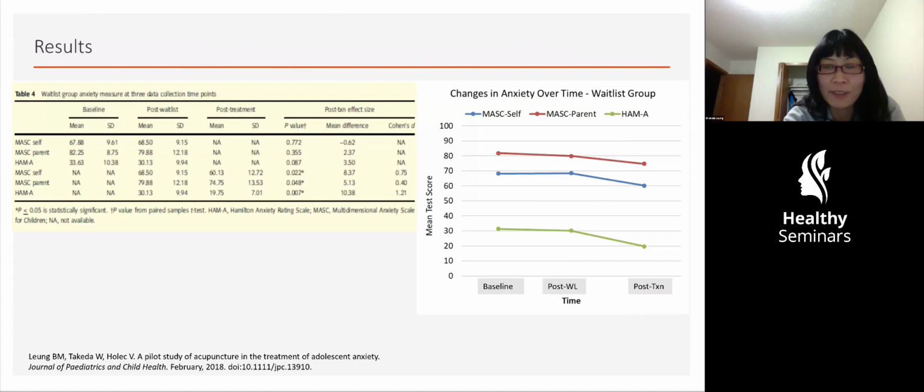A lot of times, the people who contacted us about the study were the parents, because they wanted their children enrolled. But the children themselves, when you hear about acupuncture, the idea of needles was obviously difficult for many children to buy in to. So one of the challenges was explaining to children the nature of the intervention.